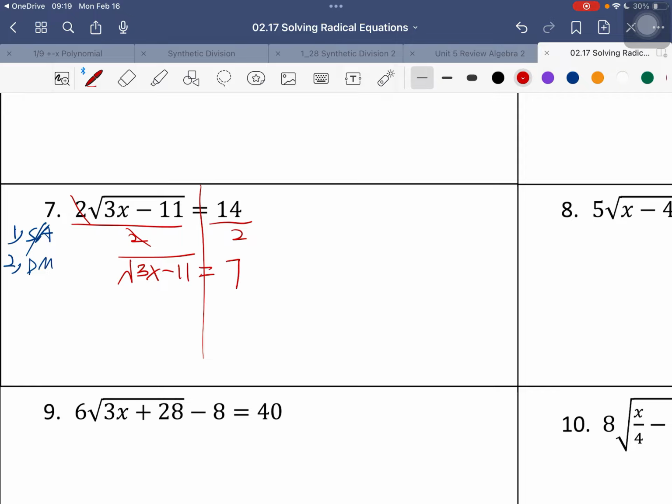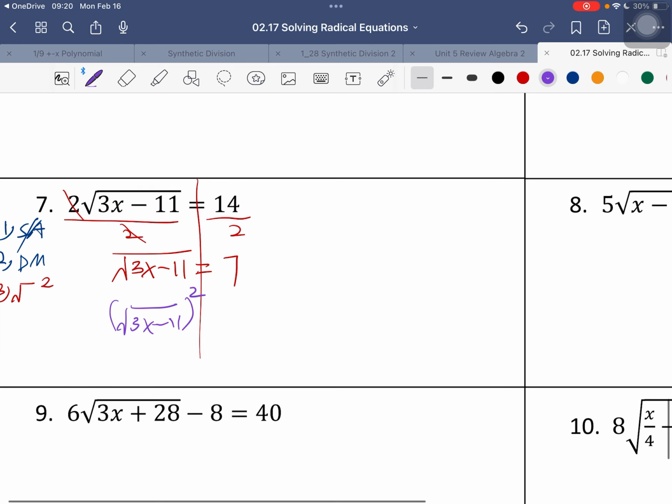Then the third step is square root and square, the exponent. So every time I see square root and a square, I know they can cancel out. So outside will be square, inside will be 3x minus 11. I see the square root is inside.